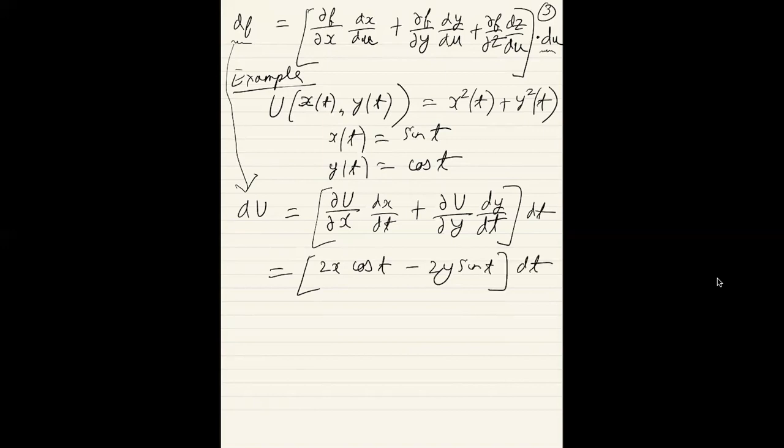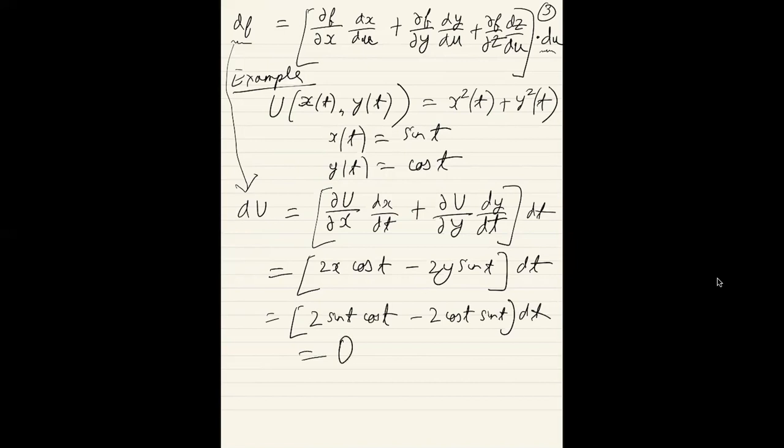Now we can put in the formula for x as a function of time, that is sine of t. So this becomes 2 sine of t cosine of t, and y is cosine of t, so again here we have 2 cosine of t multiplied by minus sine of t. We get a 0. That's interesting.